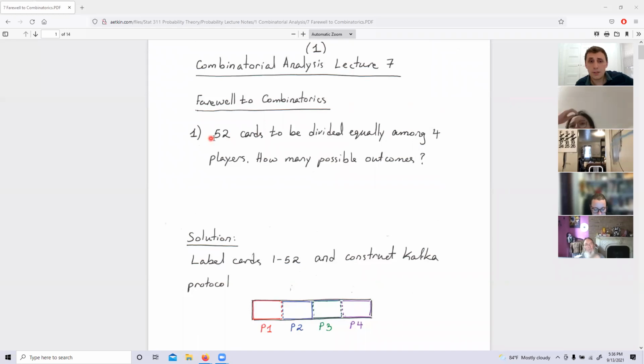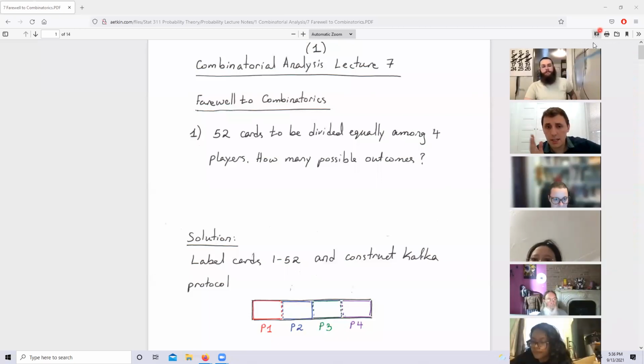And with that, first question: 52 cards to be divided equally among 4 players. How many possible outcomes? You understand, guys? So 52 cards equally divided among 4 players. How many possible outcomes are there?